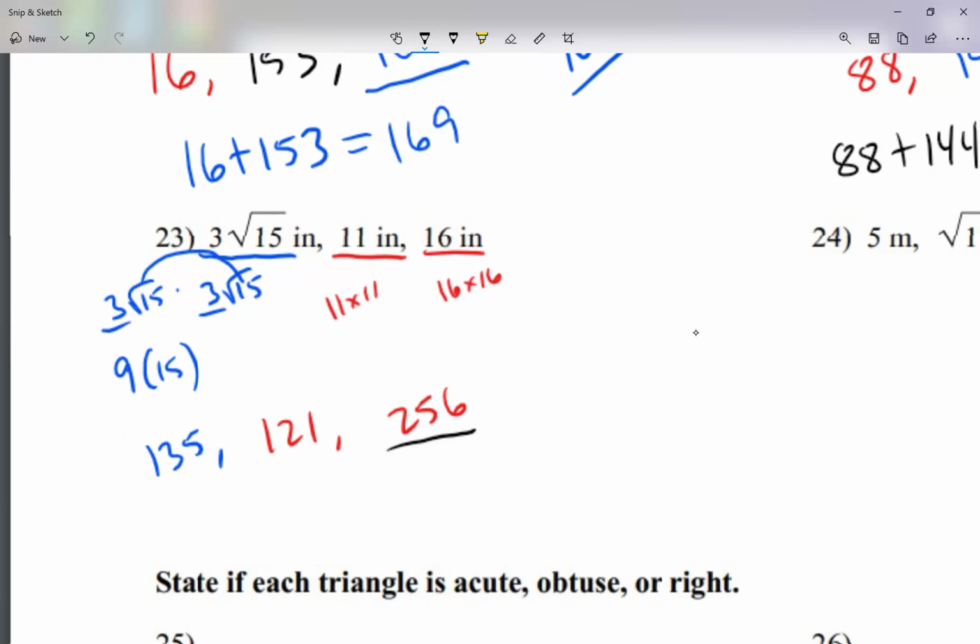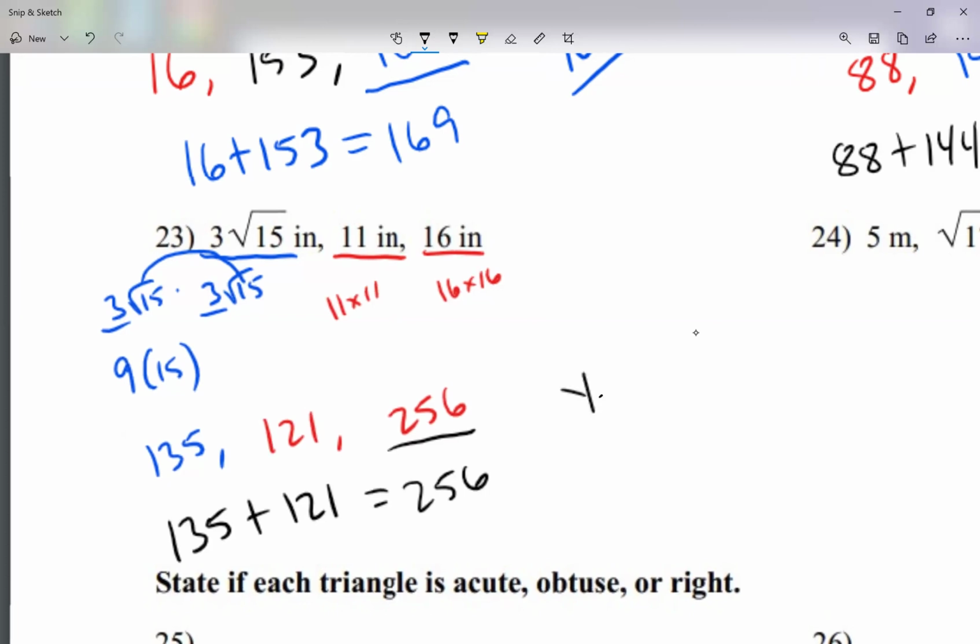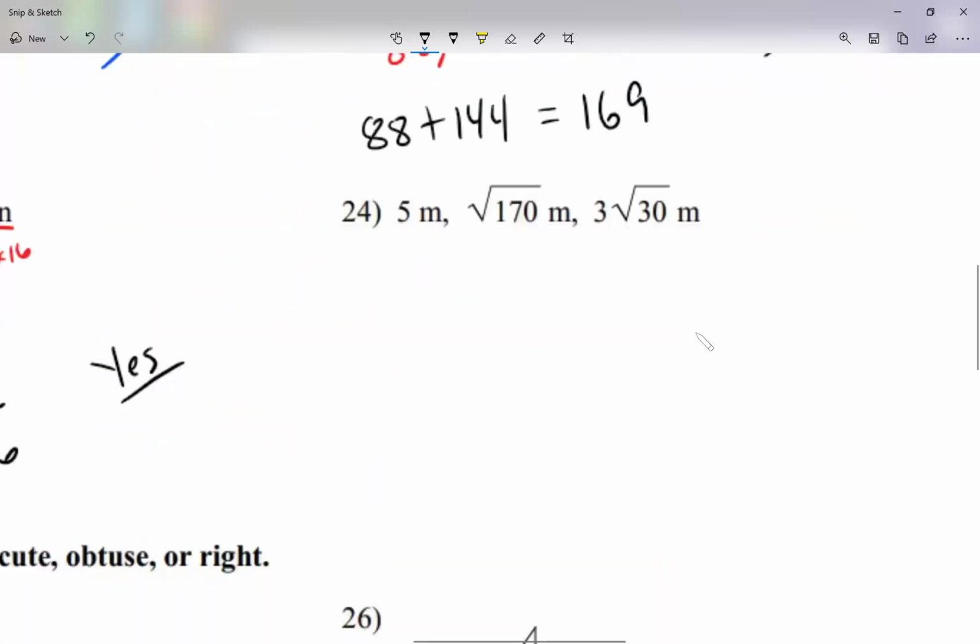So I have to add the two small numbers. So 256 is my c squared. So I'm asking here, is 135 plus 121 equal to 256? Yes, that's true. So yes.